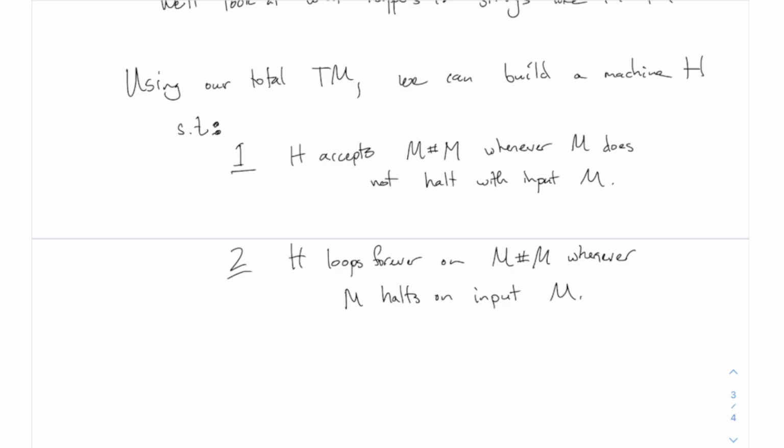It's not that M is simulating itself. There's another machine. This H is taking strings like this and somehow figuring out if they halt or not, and then H will accept when M does not halt, and it loops forever when M does halt with its own input.